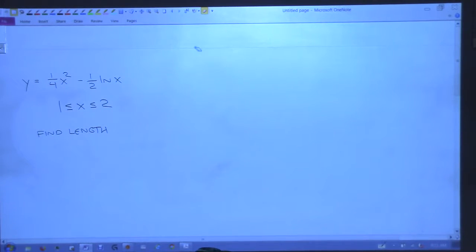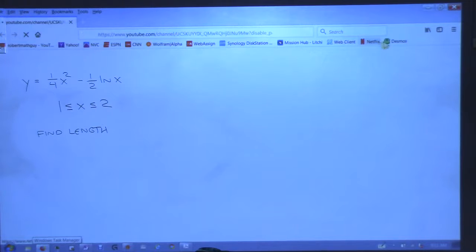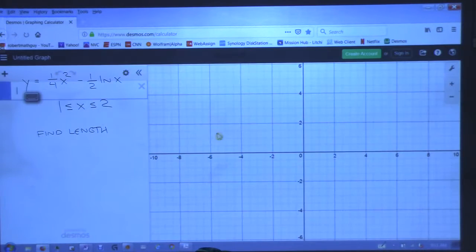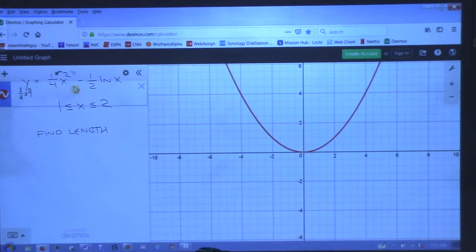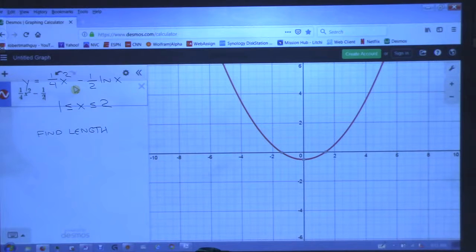Now, just for fun, let's graph it, just so we can see what it looks like. So I'm going to go to this Desmos graphing thing, and it was 1/4 x squared minus 1/2 natural log x.